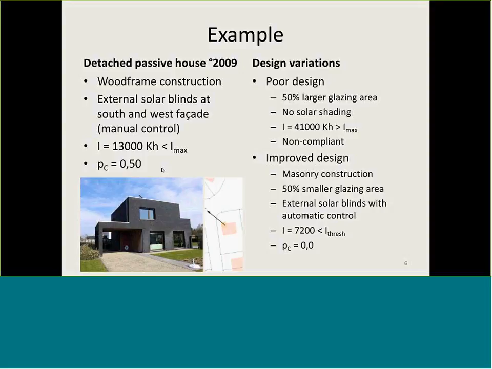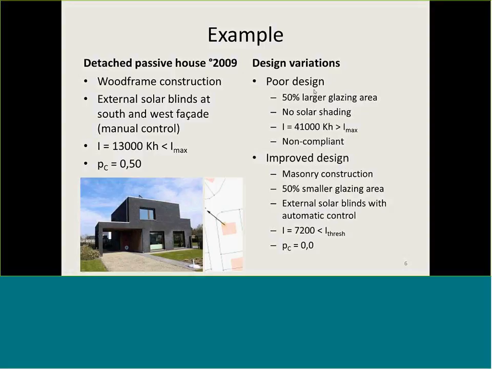So this example complies with overheating requirements, but in the calculation of the energy performance level, a certain energy need for cooling has to be taken into account because the probability is larger than 0. Now, can these values vary? Just for example, we have changed some of the design parameters in this house.